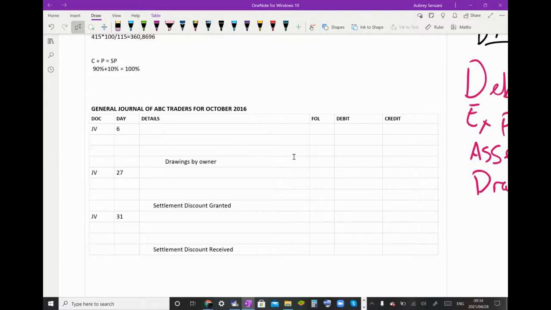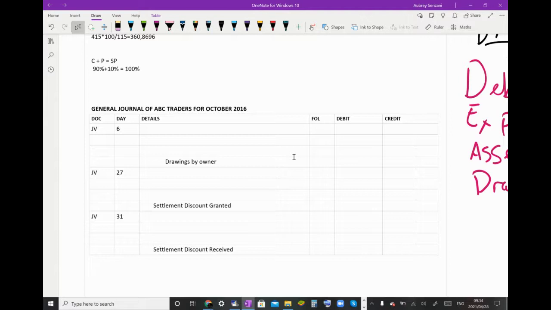But now since this owner, Andile, is just coming here and taking this stuff for himself, we need to say, hey, that input VAT that we claimed, because we said we're going to sell this trading inventory, SARS is going to want that input VAT back. And to give them back, counter or remove that input VAT, we need to do an output VAT transaction. Does it make sense?